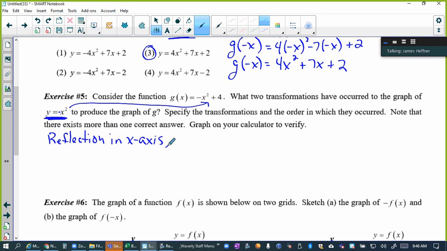And then the plus 4 at the end did what? It shifted up 4 afterwards. Get the idea there?